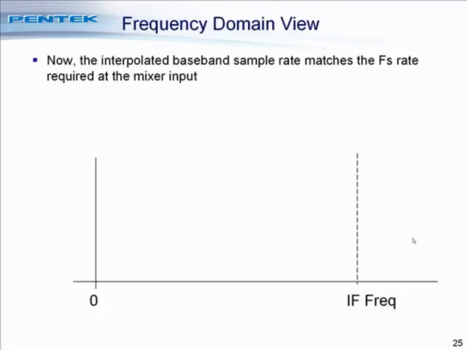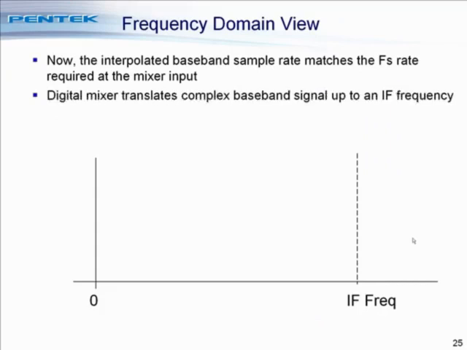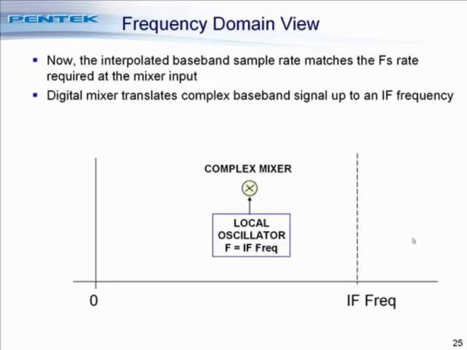So now the interpolated baseband sample rate matches the Fs sample rate required at the mixer input. The digital mixer then translates this complex baseband signal up to the IF frequency, using the complex mixer as an upconverter.